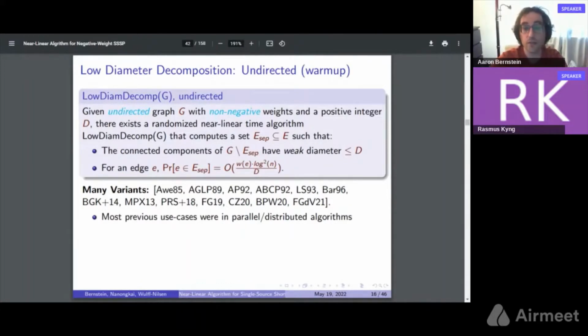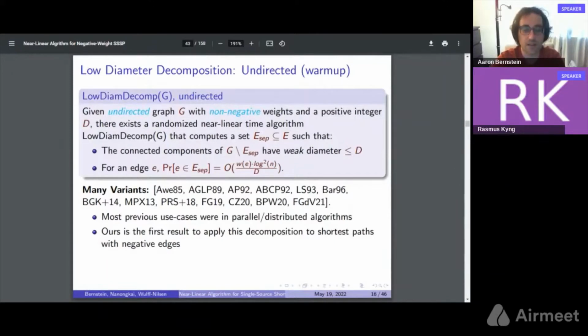I think what is new is how we use it. In particular, ours is the first result to apply this decomposition to negative weights, which is sort of unsurprising because the decomposition only works for non-negative weights. So it's unclear at this stage how we're even applying it to negative weights, but we'll show it's surprisingly useful.